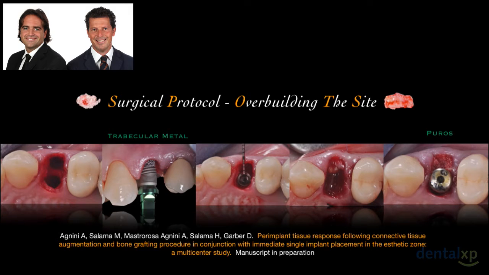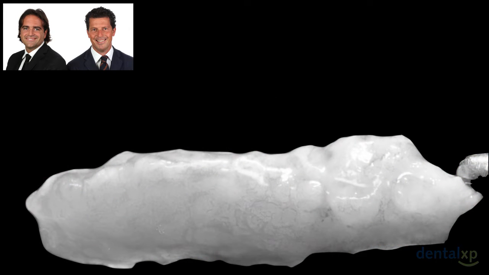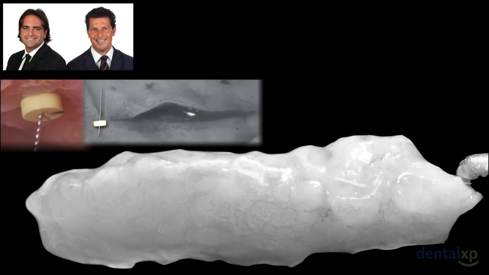The peculiar part of this protocol is the connective tissue graft management, and so what we do is always routinely measure the harvesting site, the donor site, and try to understand beforehand how much tissue from the palate we can get.